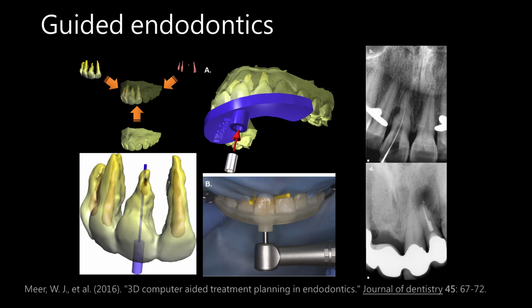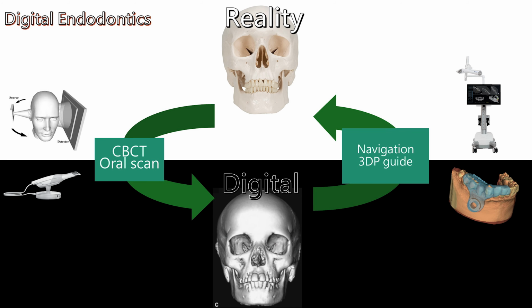We have reality, that means you have bone structure and your root canal system. We take CBCT and an oral scan to transform this data from reality to digital. And after we've done some planning in the software, we use the navigation system and the 3D printed guide to put this data back to reality, and that's the circle.